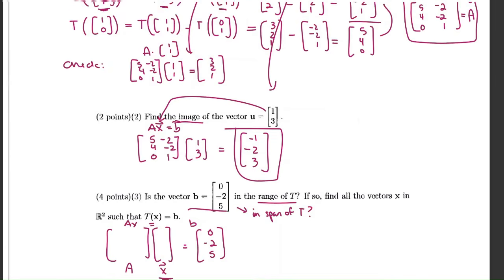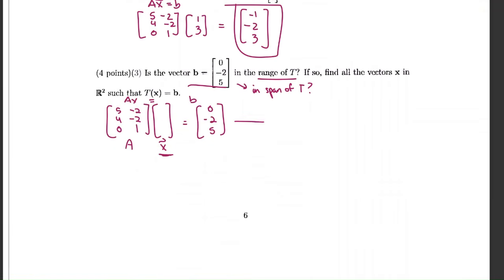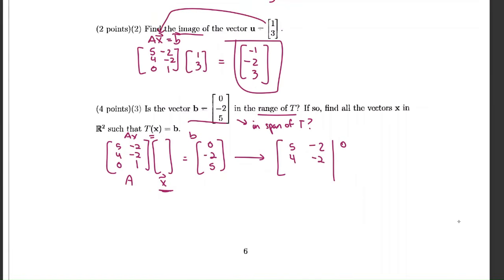So our A matrix is 5, negative 2, 4, negative 2, 0, 1. And so we can write this now in augmented matrix form, where we have 5, negative 2, 4, negative 2, 0, negative 2, 5, 0, 1.